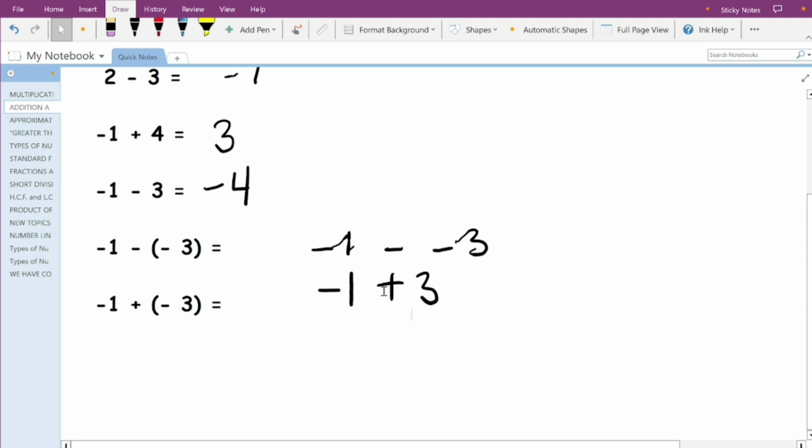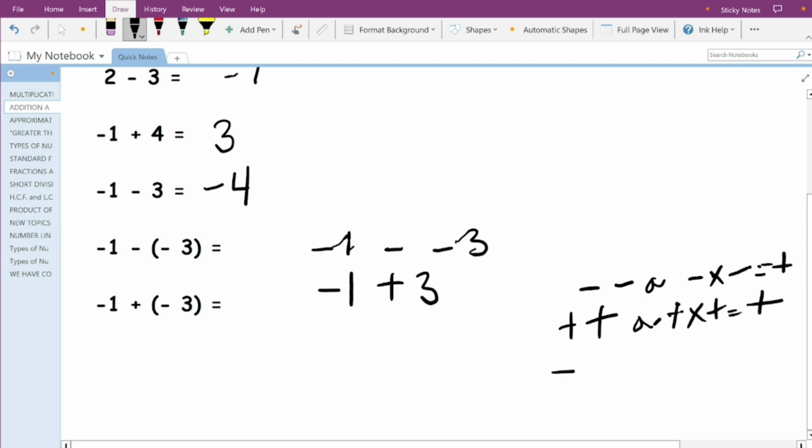You should know this law already: minus and minus joined together, or minus times minus, is plus. Plus and plus together, or plus times plus, is plus. Minus and plus, or minus times plus, is minus. And plus and minus together, or plus times minus, is minus.